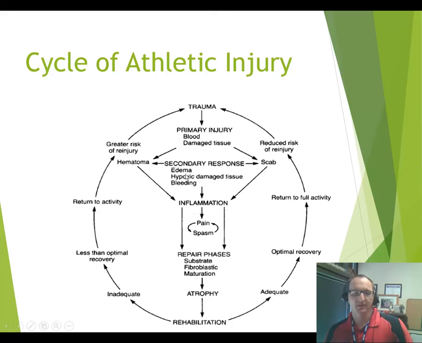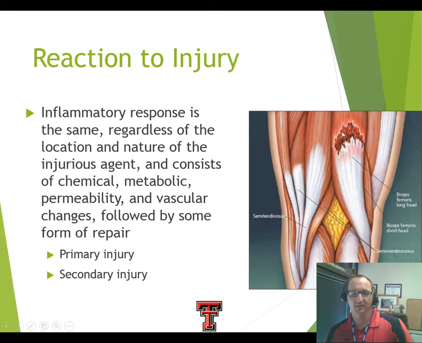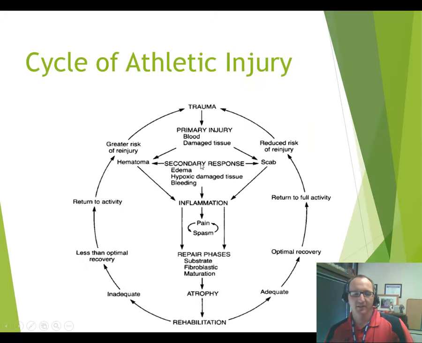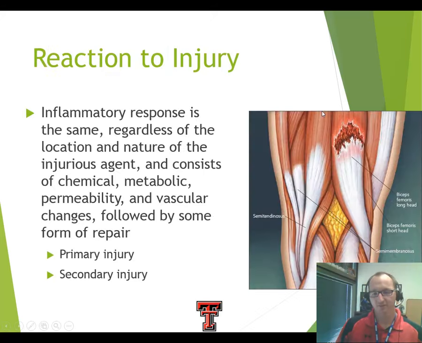So what you see here is we can't prevent that initial insult. This happened. This secondary response that occurs from changes as a result of that injury further complicates things. So our rehab has to adequately address everything associated with that injury.